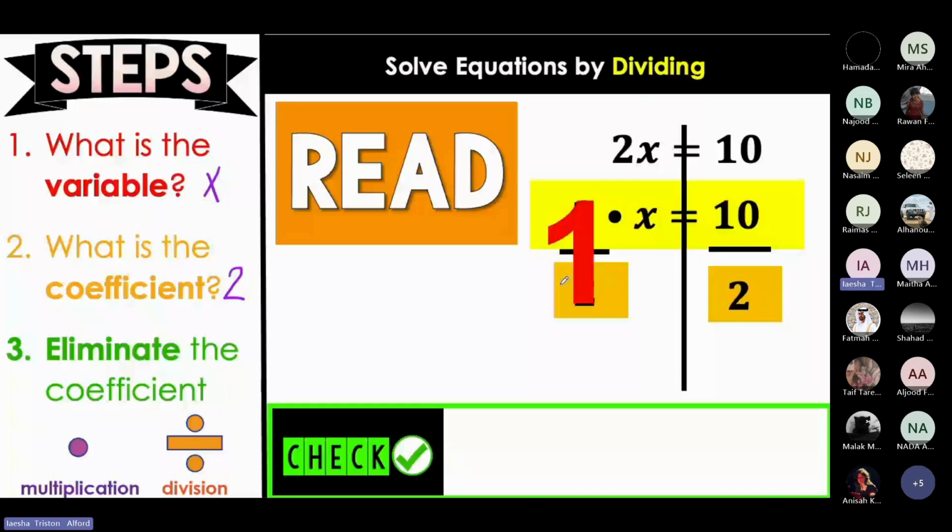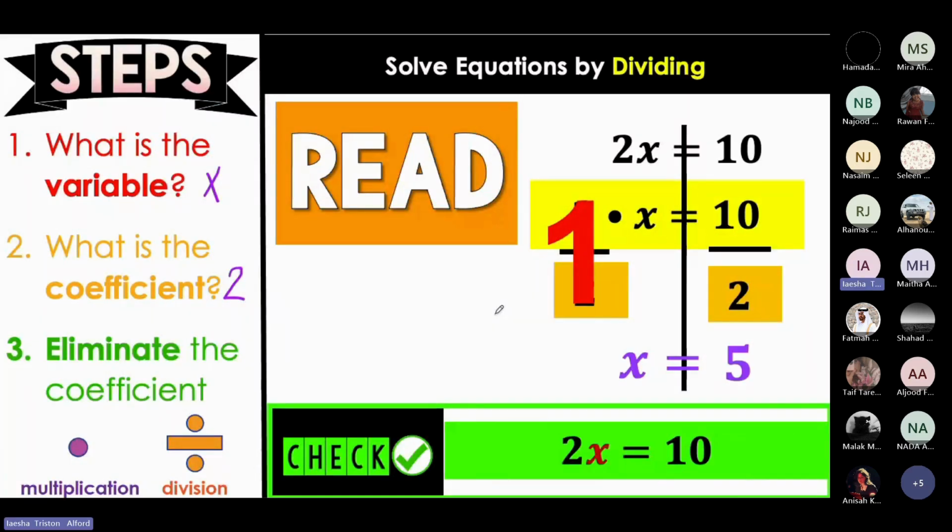The x, you keep it where? Down. On the other side, positive 10 divided by positive 2 is positive 5. If you want to check, you don't write x; put parentheses and put positive 5 inside.